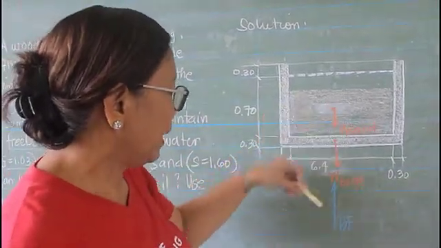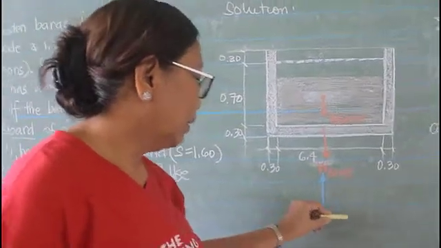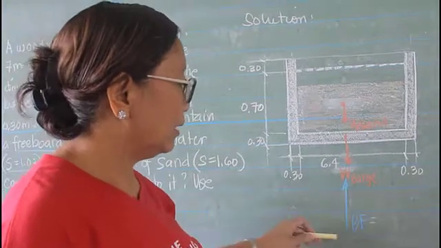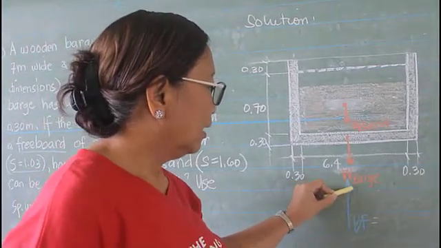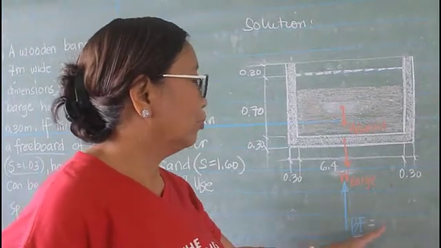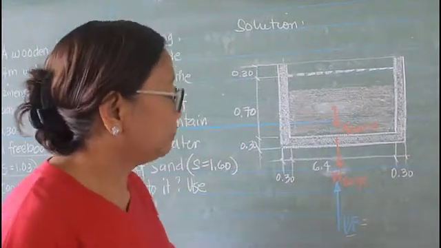So, applying the principle of Archimedes, that any body that is submerged in a fluid at rest will be acted upon by a vertical resultant force, which we call the buoyant force, equivalent to the volume of the fluid that is displaced by the submerged body.